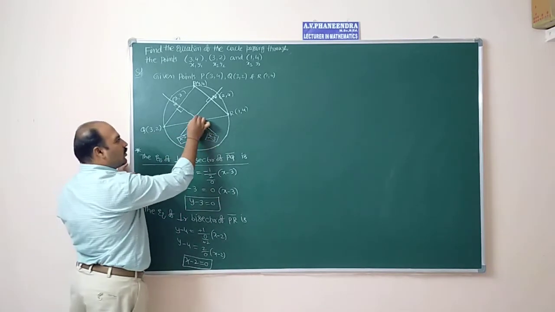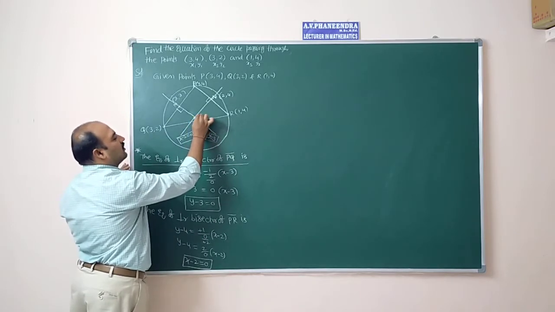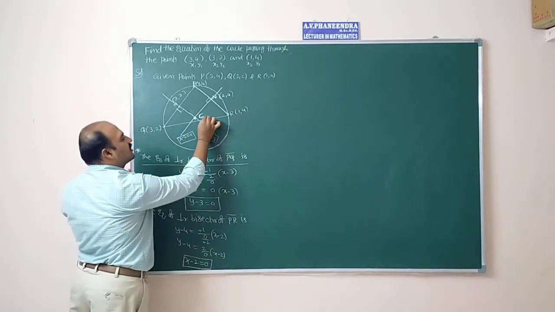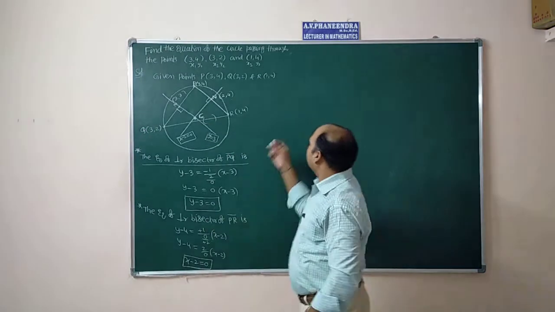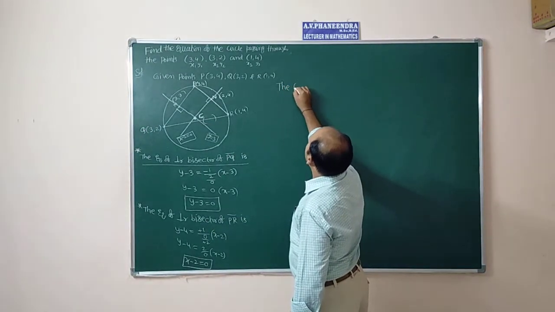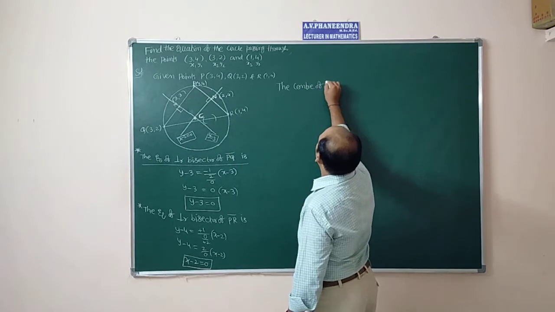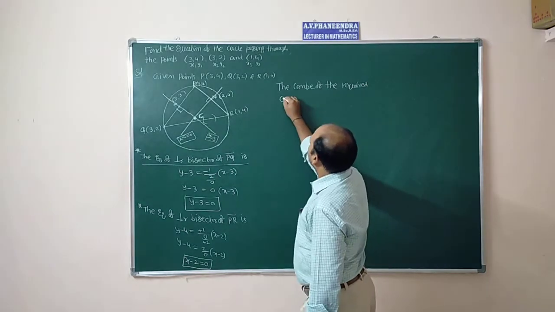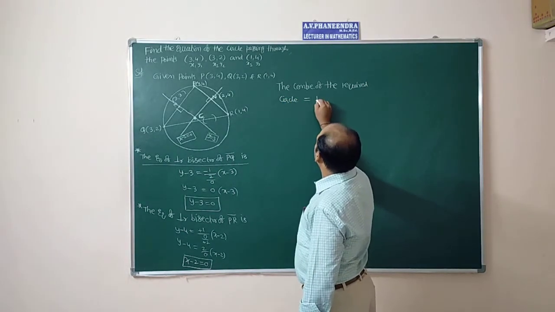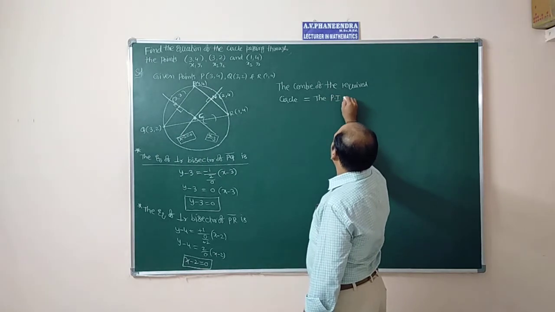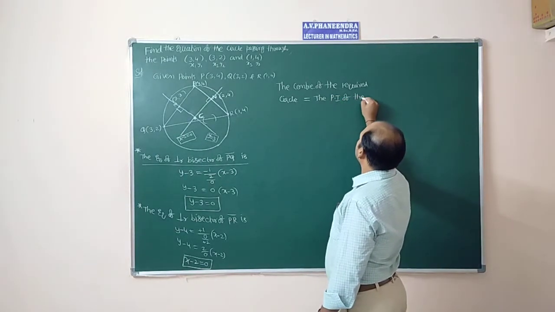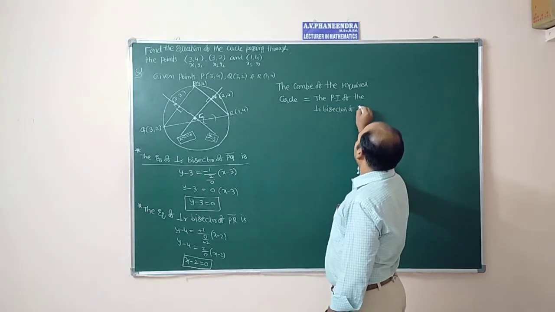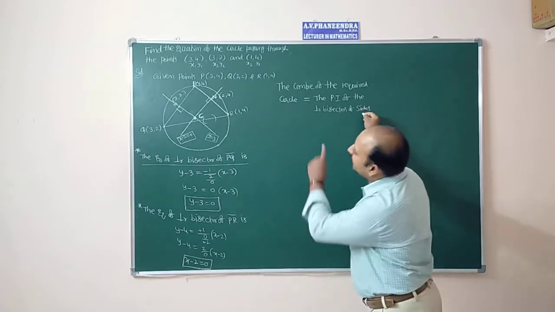If you solve these two equations, we get the center of the circle. The center of the required circle is equal to the point of intersection of the perpendicular bisectors of sides PQ and PR.